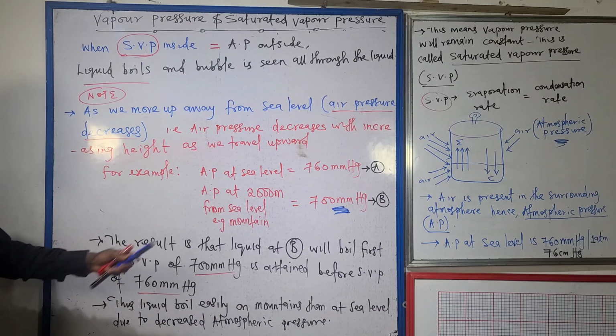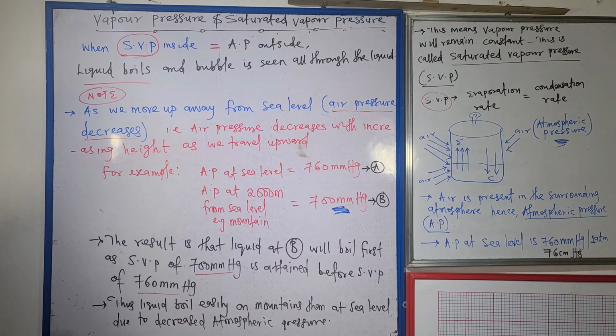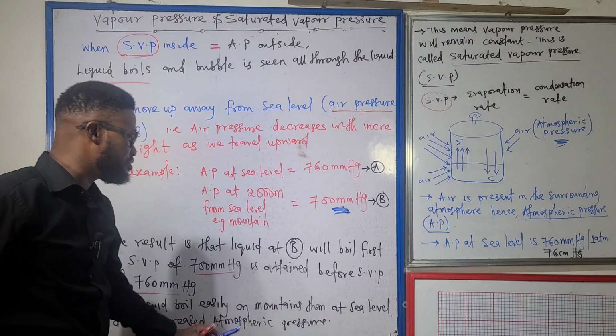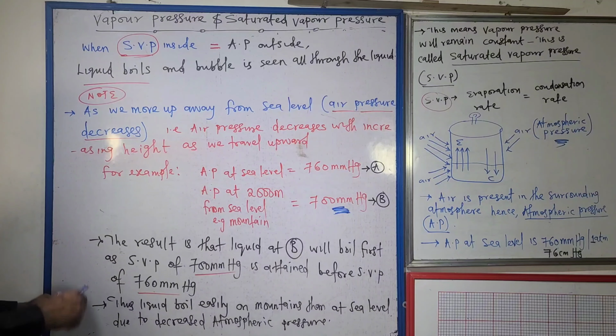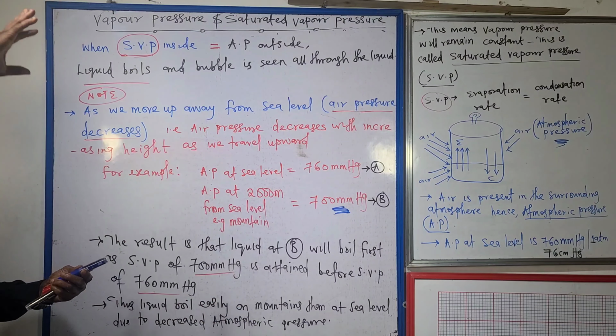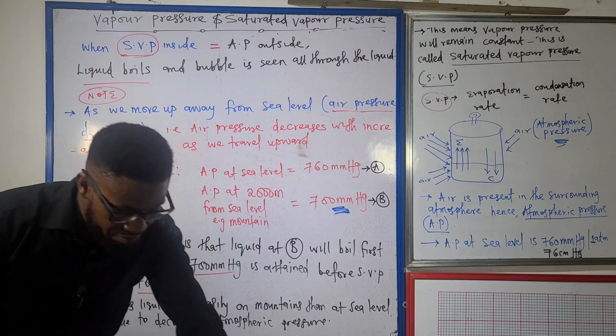I said here, the result is that liquid at B will boil first as a saturated vapor pressure of 700 millimeter mercury is attained before a saturated vapor pressure of 760 millimeter mercury. Liquid boils easily on top of mountains than at sea level due to decreased atmospheric pressure. It's a very simple thing.